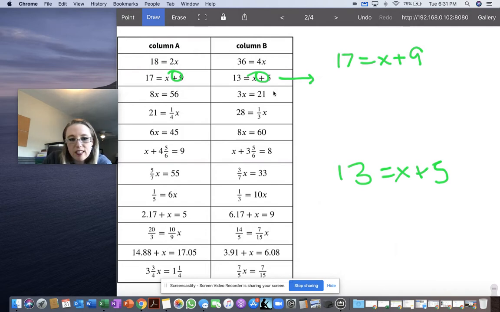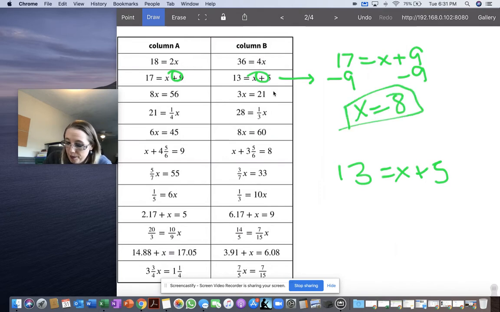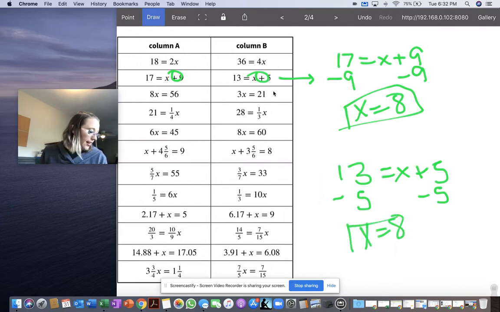So to get this number to the other side, you need to subtract 9, subtract 9. 17 minus 9 is 8, and you get x equals 8. Same thing on the next one. It is held by addition, so you need to use subtraction. Minus 5, minus 5. 13 minus 5 is 8, and you get x equals 8. Okay, go ahead and pause it if you need to. I'm going to erase.